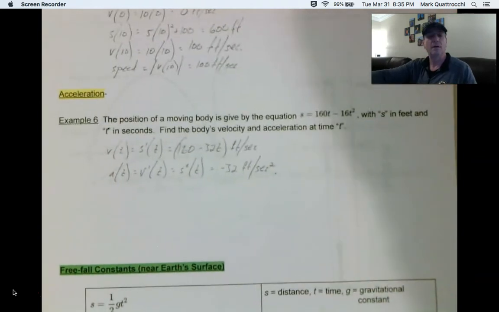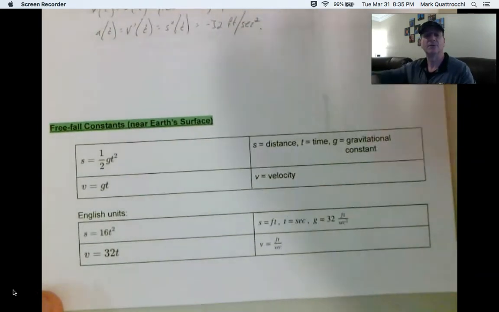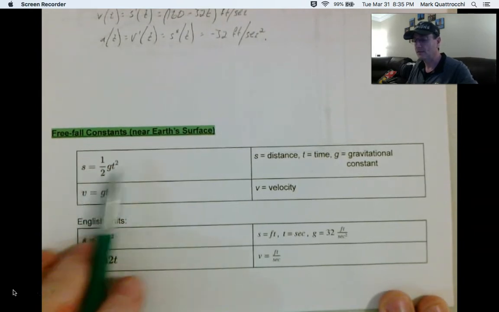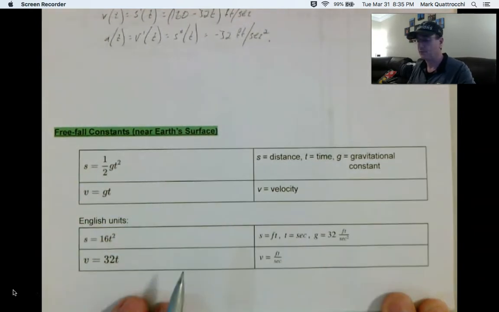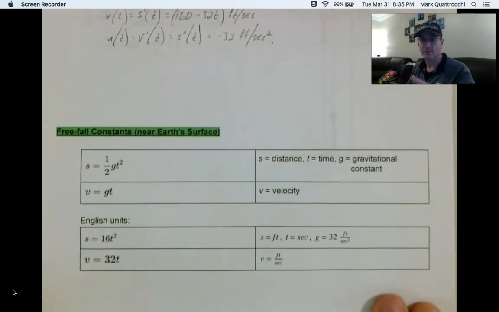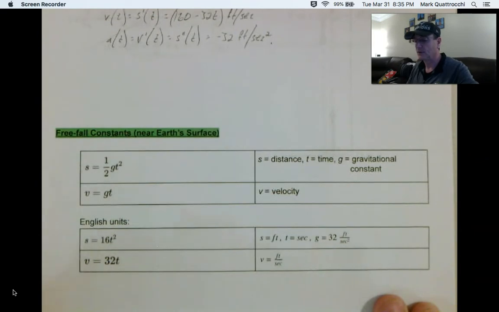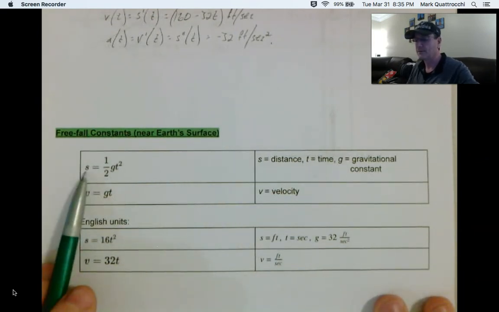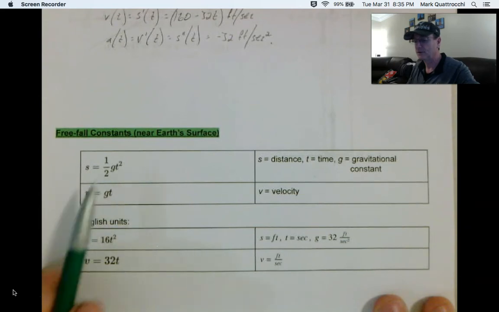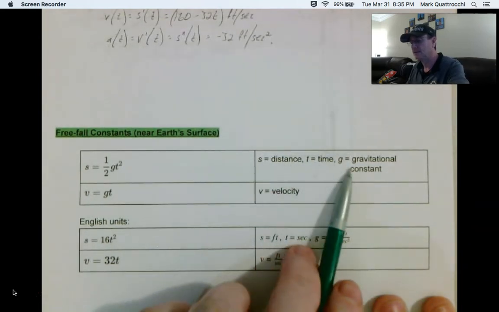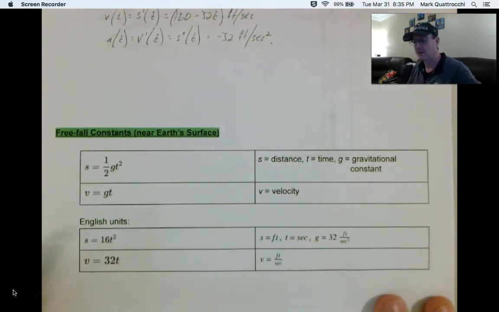Okay, here are some constants that you want to become familiar with. Near the Earth's surface, things change if you're on the moon, or the farther away you get from the Earth's surface. These constants are no longer constant, they change, but when we're down here on the ground, position is given by this function, which we saw in a problem. Velocity is g times t. V is equal to velocity, s is distance, t is time, g is the gravitational constant.